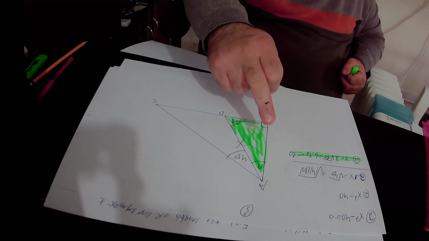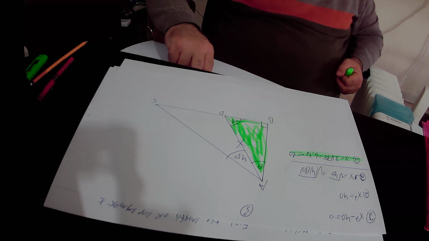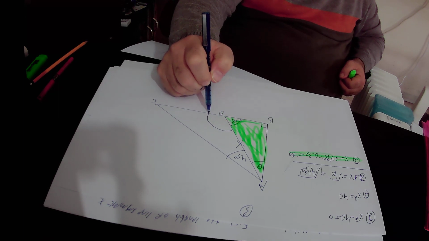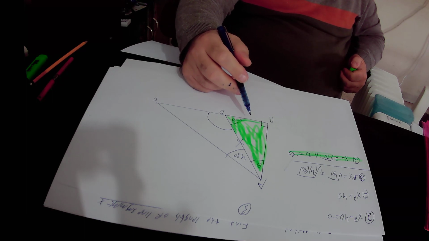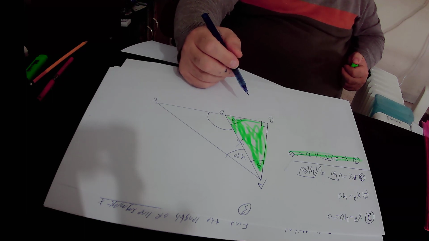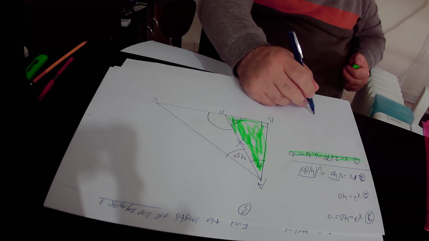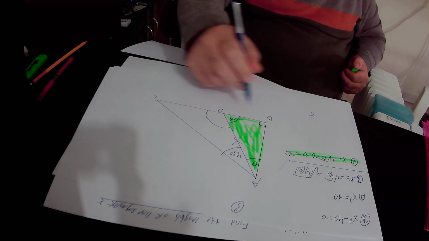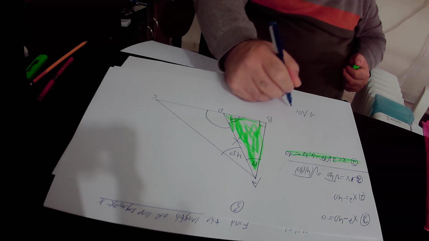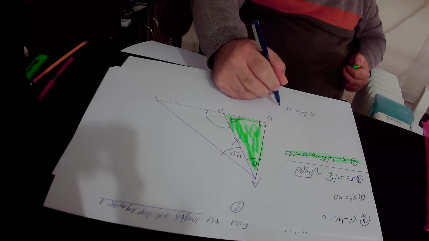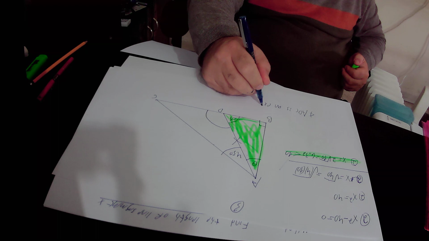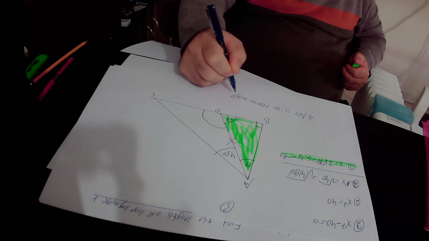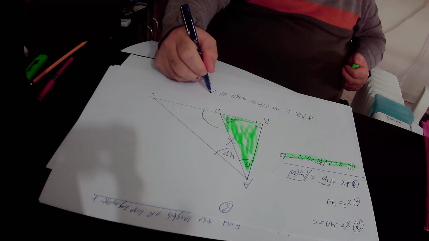Actually, angle ADC is defined as an exterior angle to this green right triangle, triangle ABD. So I will write it down: angle ADC is an exterior angle of the right green triangle, triangle ABD.